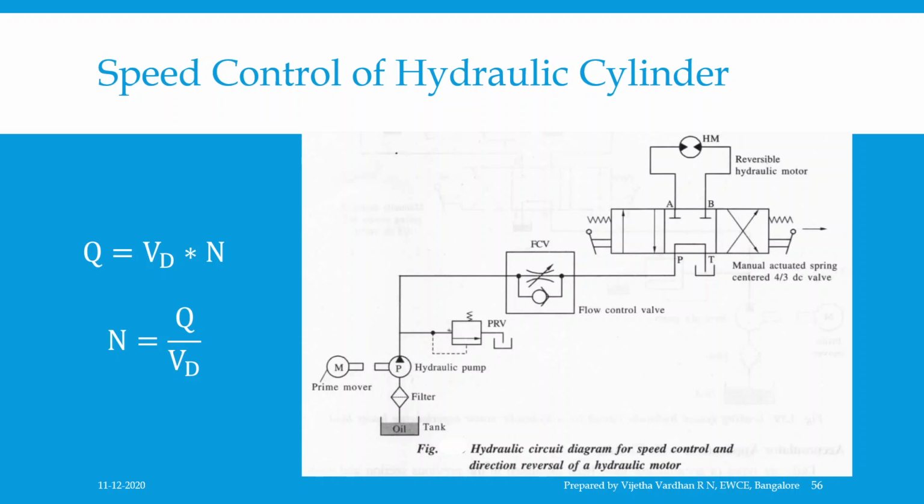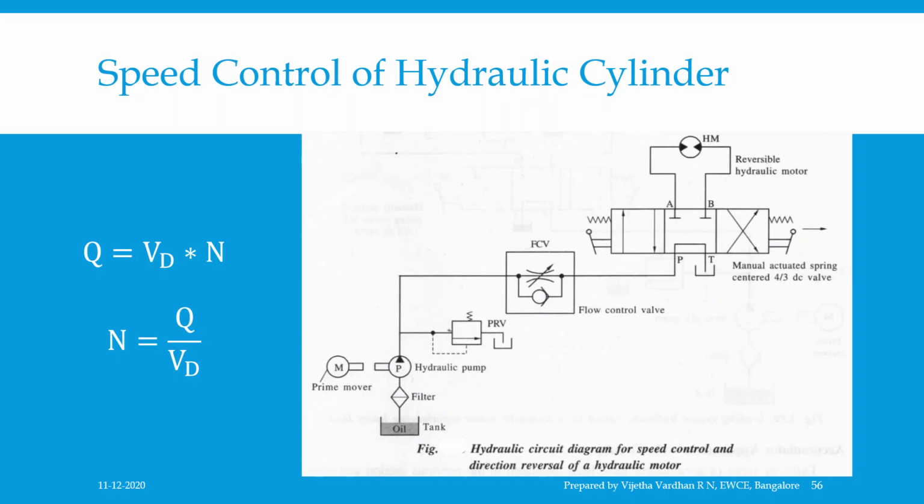When the lever is released, due to the spring action, the direction control valve spool is brought to the center position and cuts off the supply to the motor, and the motor stops. When the direction control valve is actuated to the right by the operating lever, flow is diverted to the motor in the other direction through ports P to B and the motor rotates in the other direction.